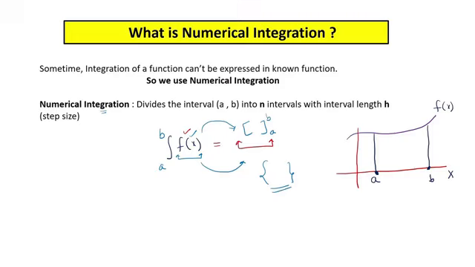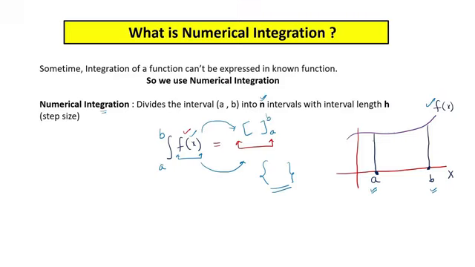Before moving to the numerical integration methods, let's understand how these methods work. Let's say you have this function f(x) and you have to find the integration of f(x) between points A and B. You divide this A to B interval into small sub intervals, say n sub intervals.